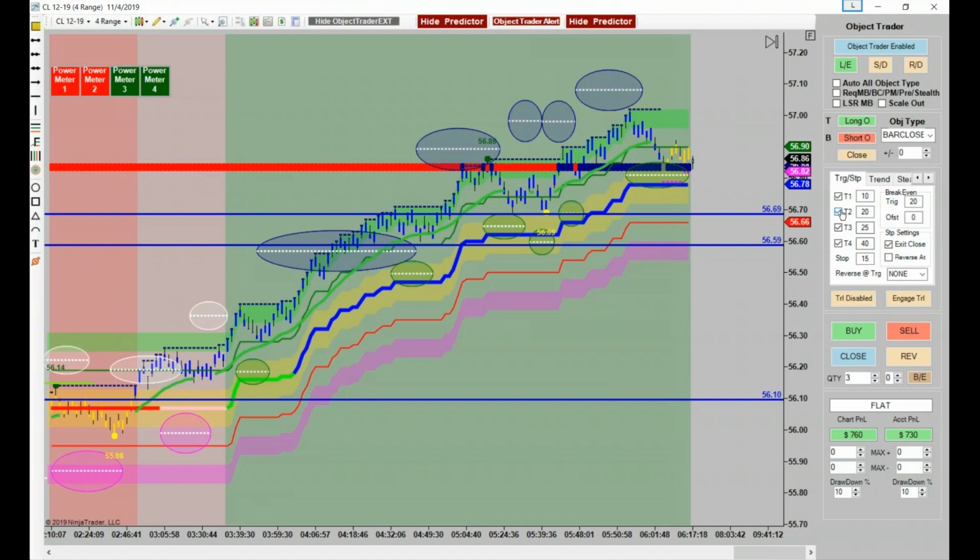Let's just do 3 contracts, but just go for 10 just for the fun of it. Let's see if it does it. That's okay, we're in. Put our stop just underneath that swing right there. That's lightning. If it pops this swing, we'll bring it up higher because this will be lightning identified.